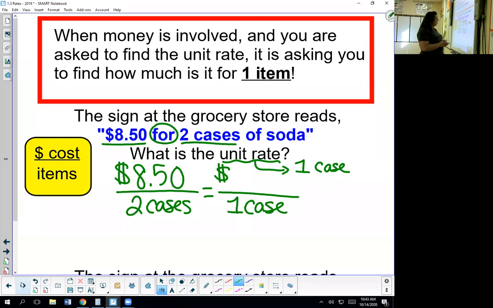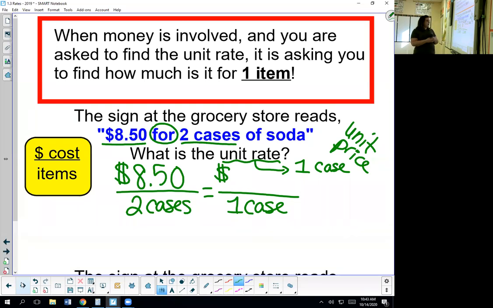This is also called a unit price. So when you go to the grocery store, if you look at the label in the corner, it usually says unit price. It'll tell you what you're paying per ounce or per pound or something like that. So pay attention to that next time you go.